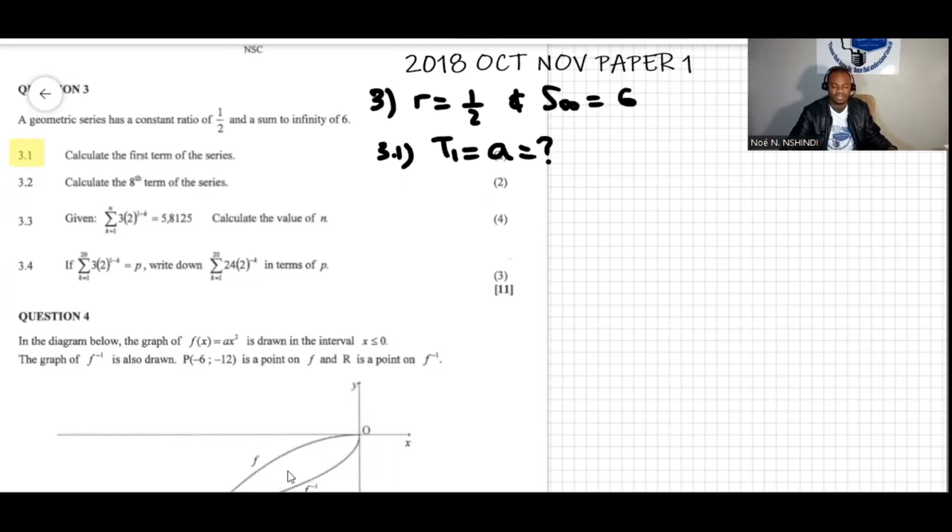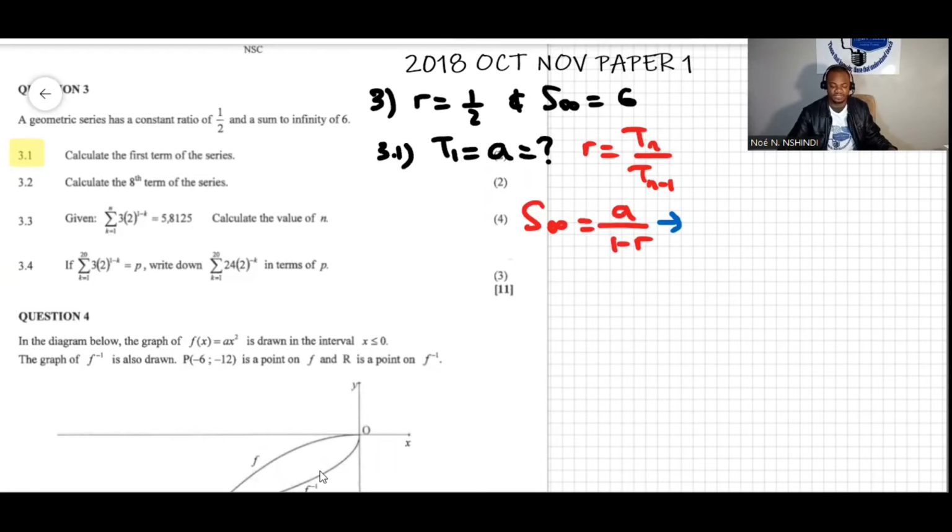R is given by Tn over Tn minus 1, the constant ratio, and the sum to infinity is equal to a over 1 minus r. So in this situation, we can just substitute the values.